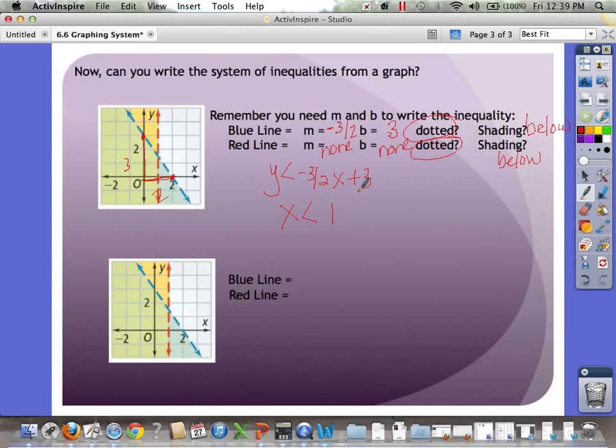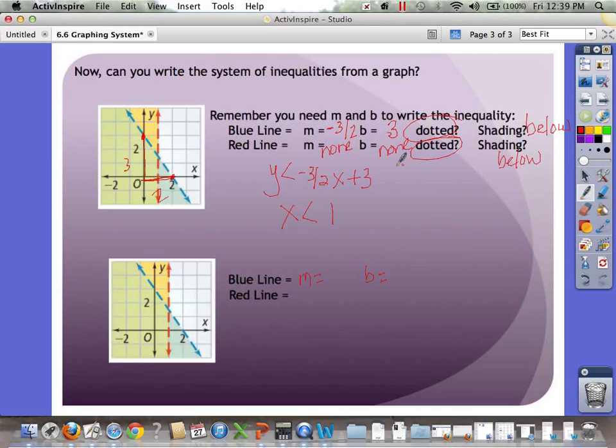So you can take it from this point and graph it, or you can take it from the graph and go to your equation. All right, let's do the blue line. Let's look at that and say, what's my m? And what's my b? All right, so on the blue line, is this the same exact graph? It is.